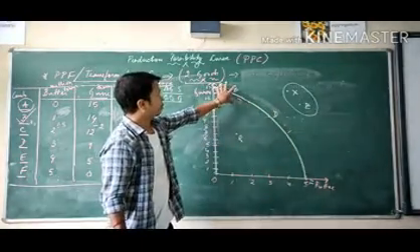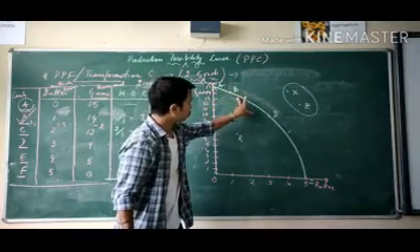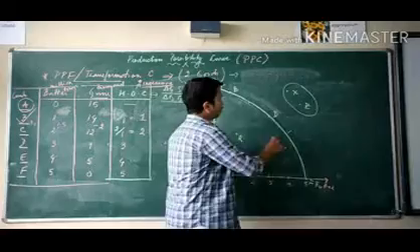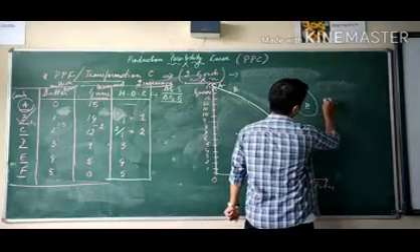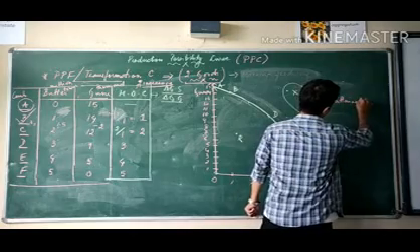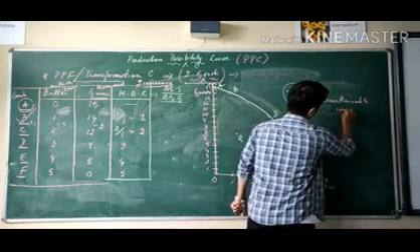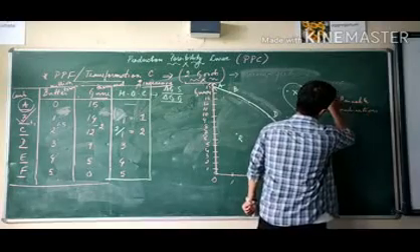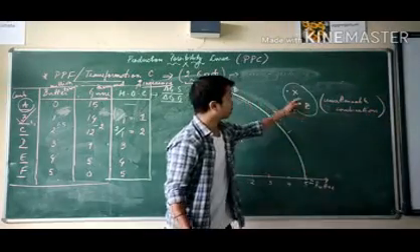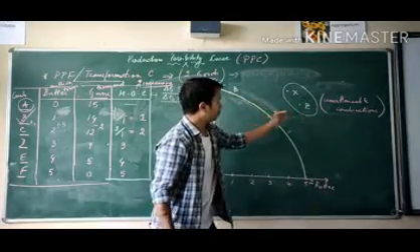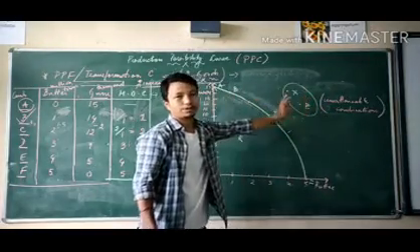The economy is utilizing all the resources to be on the PPC. So these combinations are termed as unattainable combinations because these combinations are outside the PPC.